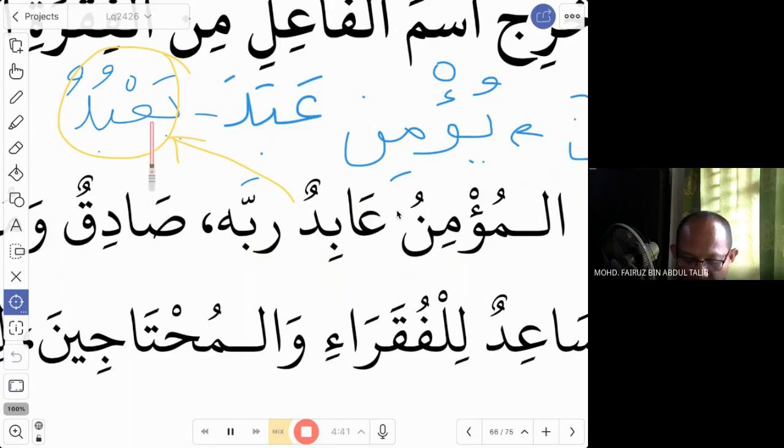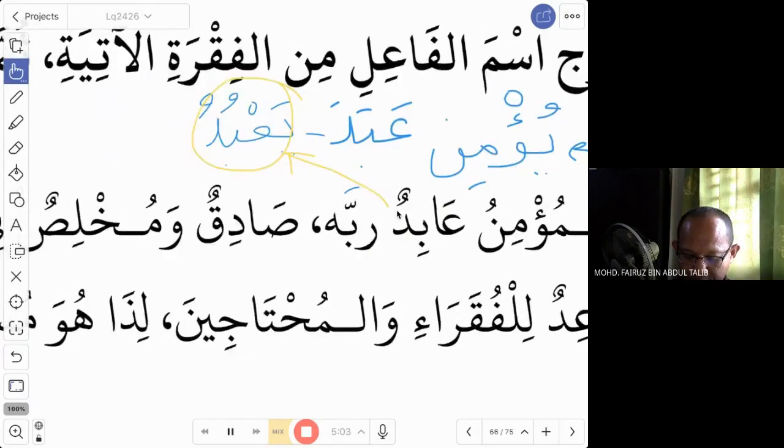So sometimes you don't translate it as the person, but you translate it as the fi'il itself. Okay. So it depends from a sentence to another. So al-mu'minu abidun rabbahu. The mu'min, he worships his God. Okay. Next one.